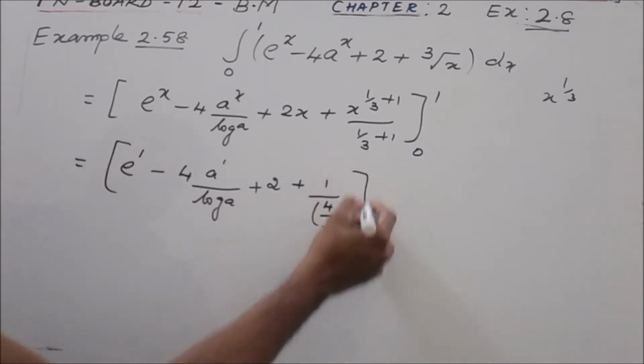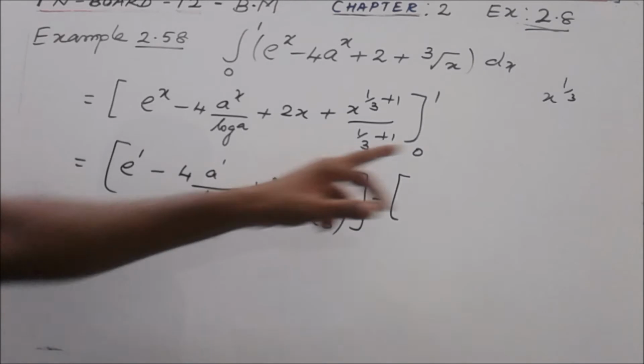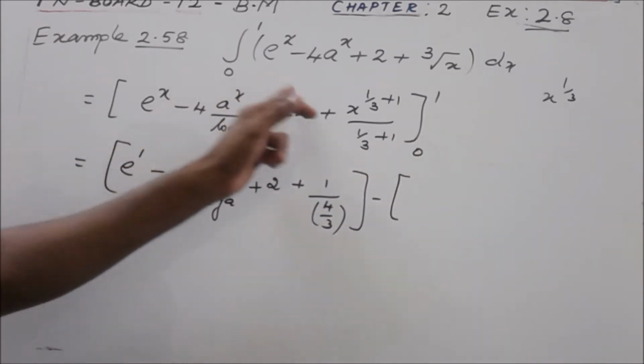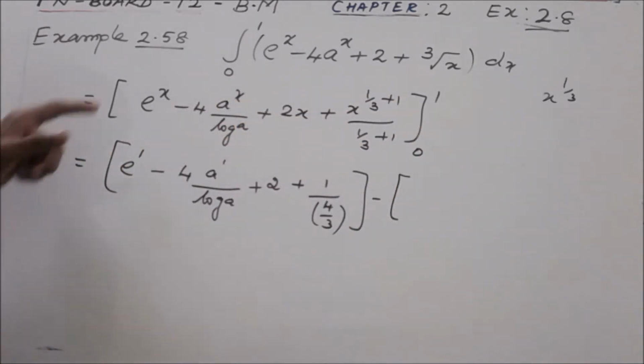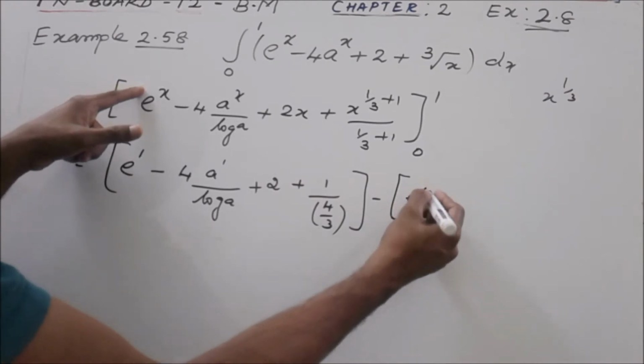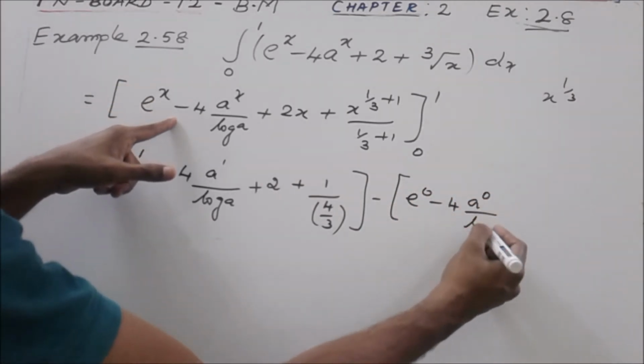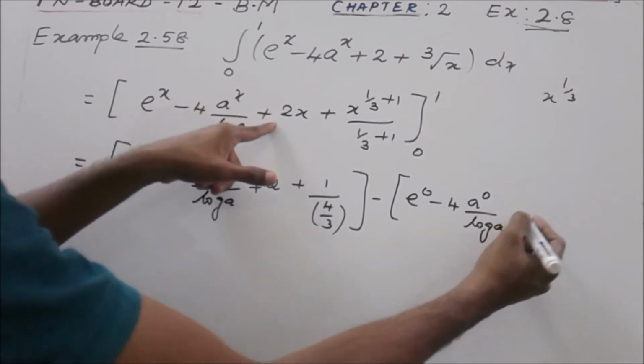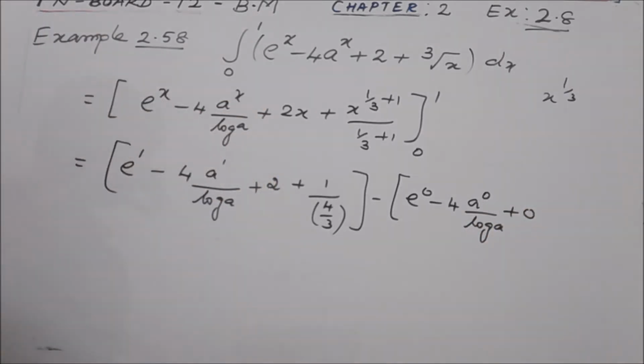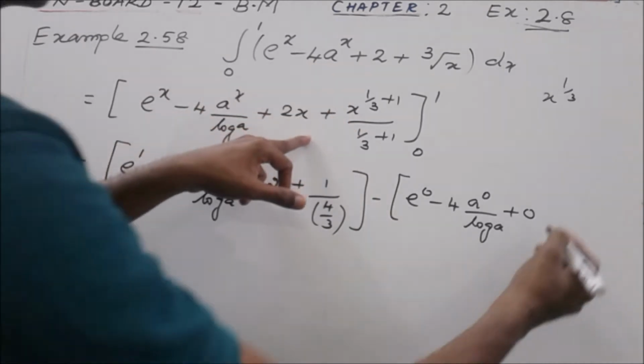Then minus the lower limit, which is 0, substituting 0 for all the places of x. Now e power 0 minus 4 a power 0 by log a, then plus 2 into 0, 0, then 0 power anything is 0.